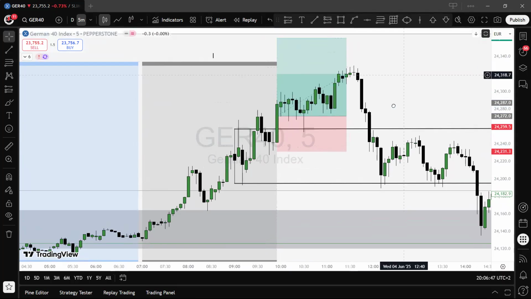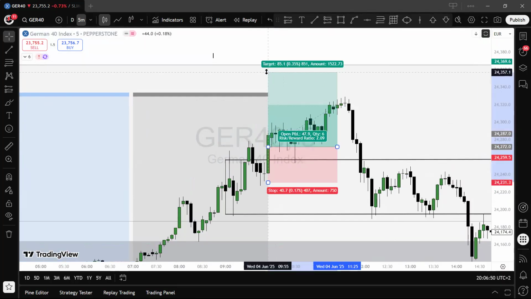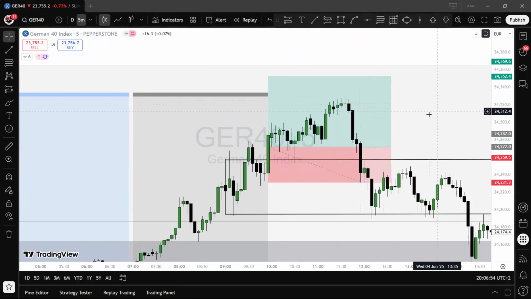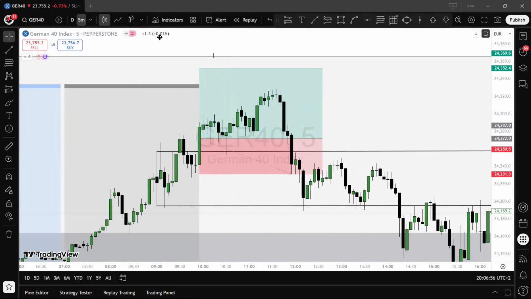Going for 1:2, this would not have reached 1:2, but it would have reached halfway. At this point it's up to you, because usually if price pushes halfway, we say move your stop loss to break even. Then see if price will still push up or take you out at break even, but you won't lose anything. How you manage your trade at this point is all up to you.